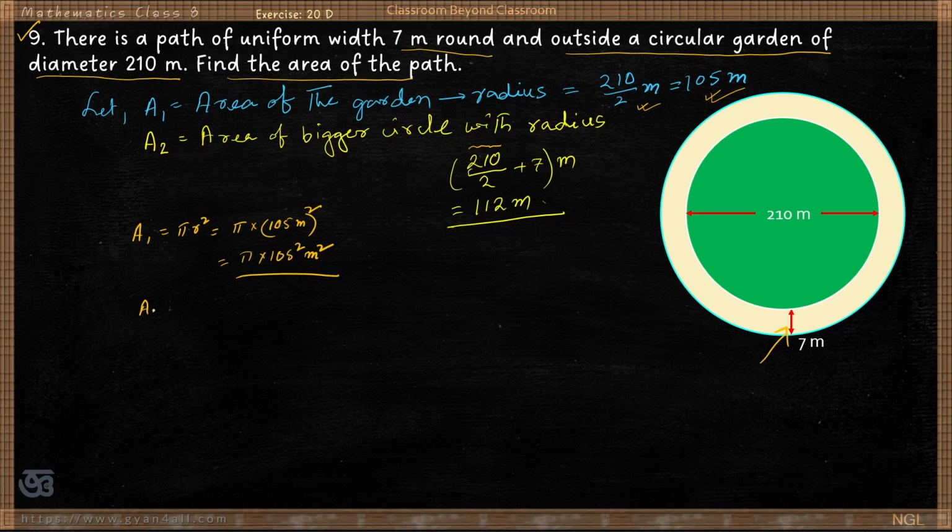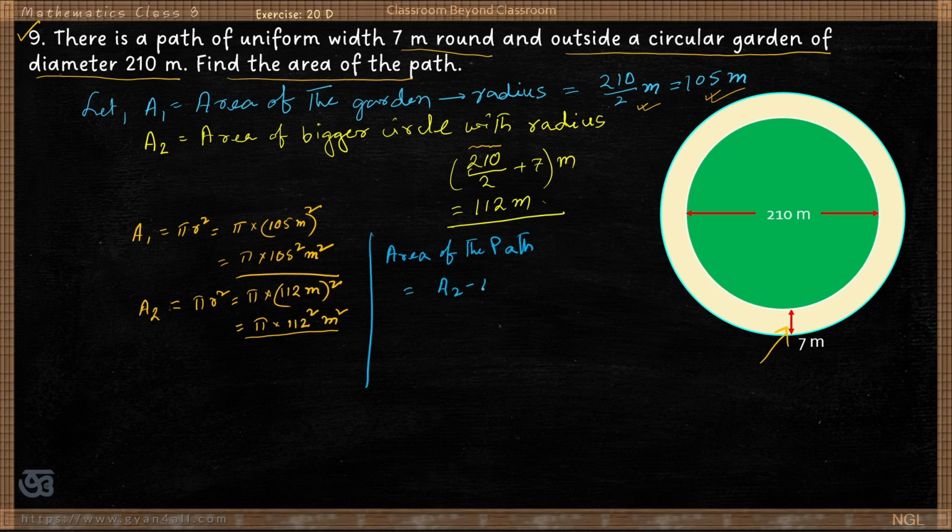And area of the bigger circle, that means including the path, is equal to pi r square, which is pi multiplied by, this time the radius is 112 meter, so pi multiplied by 112 square meter square. So find the area of the path. Area of the path is equal to A2 minus A1, and that is equal to, you can take pi common, then it is 112 square minus 105 square meter square.